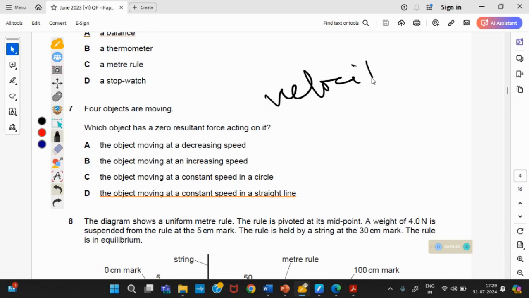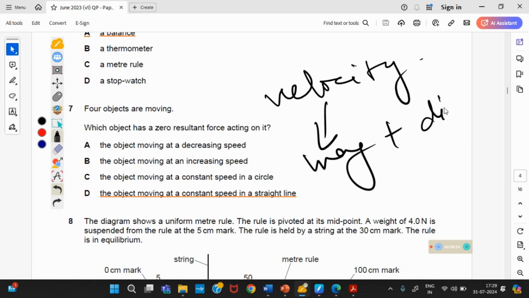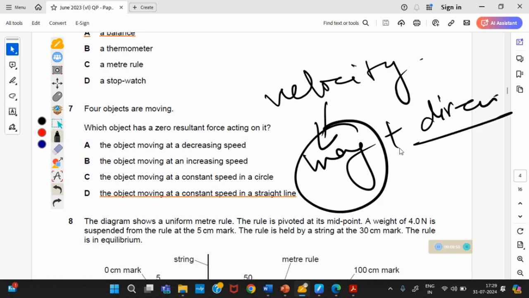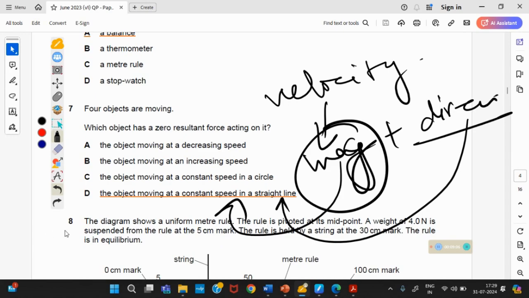Velocity has two things, magnitude and direction. So magnitude is constant and direction is constant. Magnitude constant means speed is constant. Direction constant means the object is moving in a straight line. So option D is the right one.